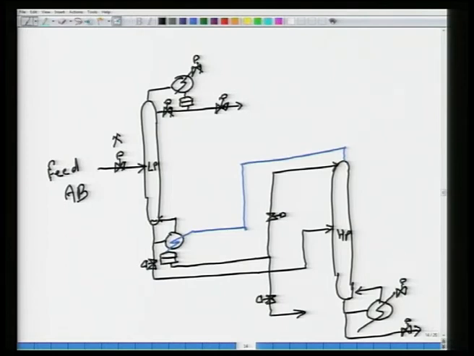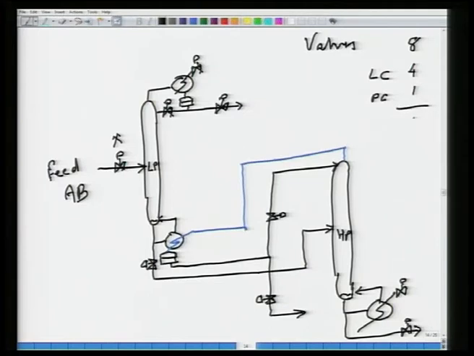So the number of valves is 8. How many levels do I need to control? 1, 2, 3 and 4. 4 level controllers, 1 pressure controller.